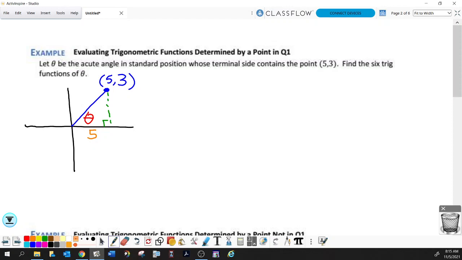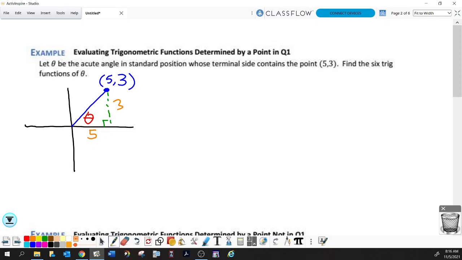So what is its y component? 3. So the green leg has a length of 3. All right. Well, trig is going to require me to know the hypotenuse, at least for a few of them. Tangent and cotangent could just use the 5 and the 3, but the other 4 are going to need that hypotenuse. How do I find it? What's the, thank you, Pythagorean theorem.